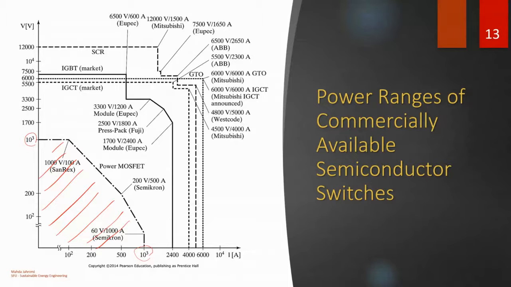If you're looking at the higher range of the voltage, the current will be lower. The current might be in the 100 or 120 amp range, right? Or if you're looking at the higher amp range, then the voltage is lower. The voltage might be low, less than 100, for example, in this case. So it's a compromise. I think the highest that it can go is around 10K, 10 kilovolt ampere.